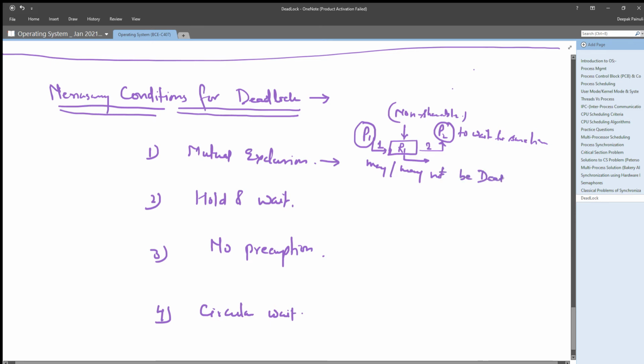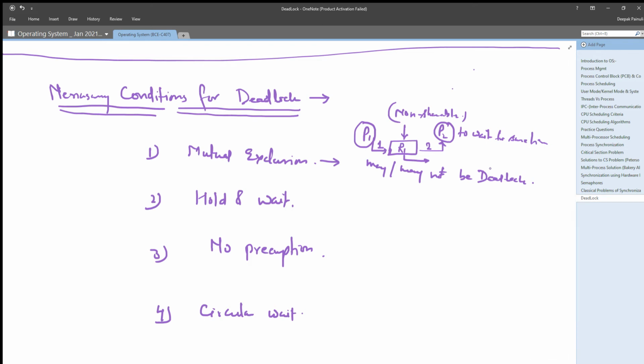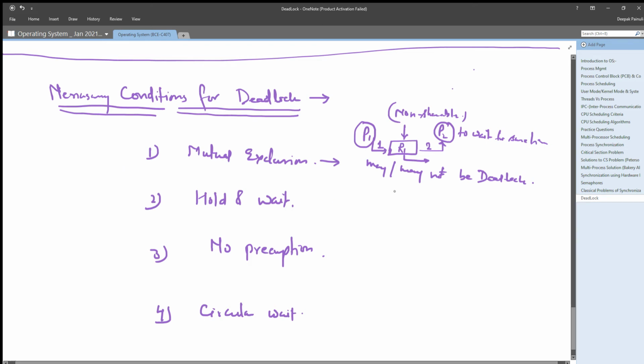We cannot say that. If mutual exclusion is the only condition which is satisfied, then we cannot say that this will lead to deadlock definitely. It may not be a deadlock. But yes, if all four conditions hold simultaneously, then only we can confirm that this is a deadlock.